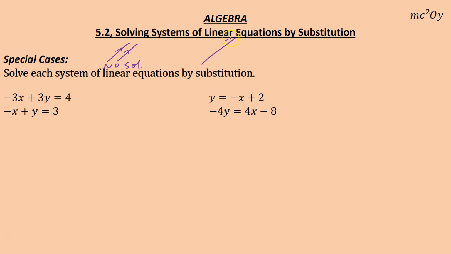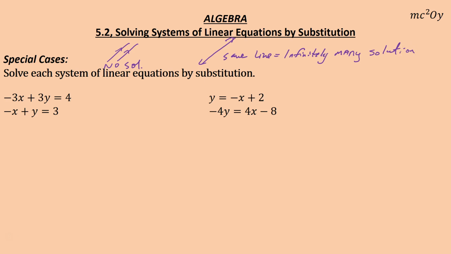An infinitely many is just the same line. And the whole point is here, I don't want to have to graph these, so I want to know what it looks like algebraically.